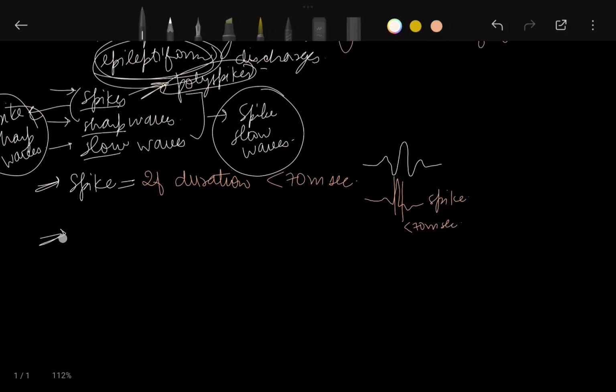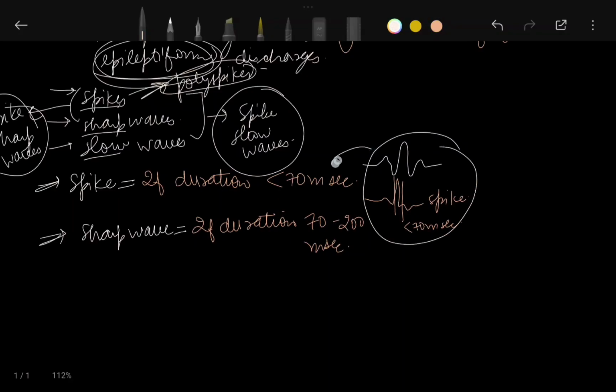After the spike, we have the sharp wave, if the duration is between 70 to 200 milliseconds only.